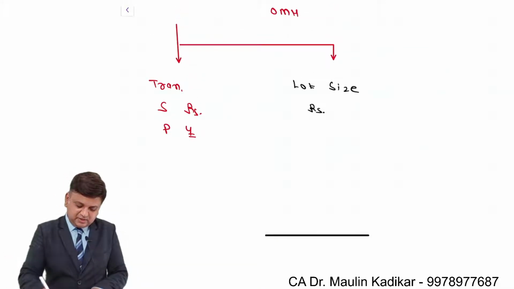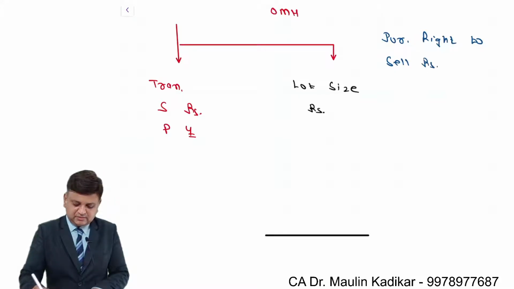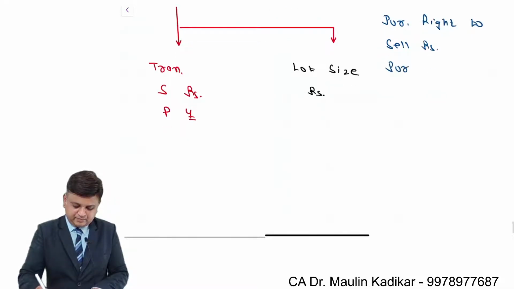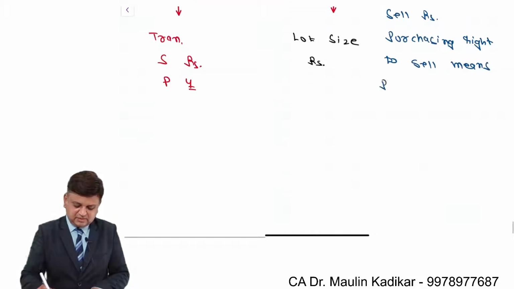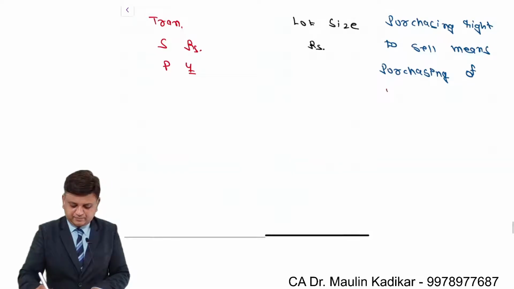So what will happen? We understand that purchase right to sell rupees, purchasing right to sell means purchasing of put option.